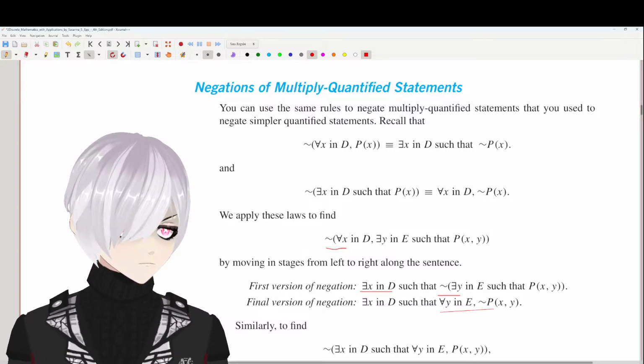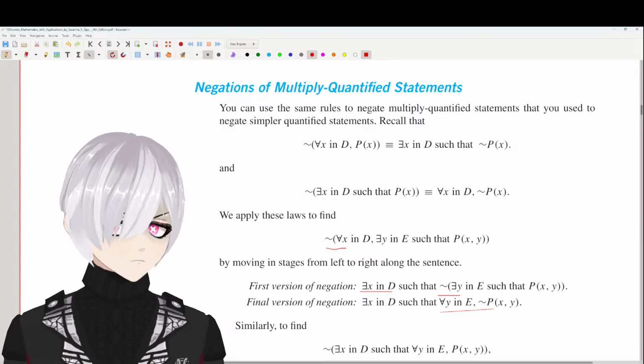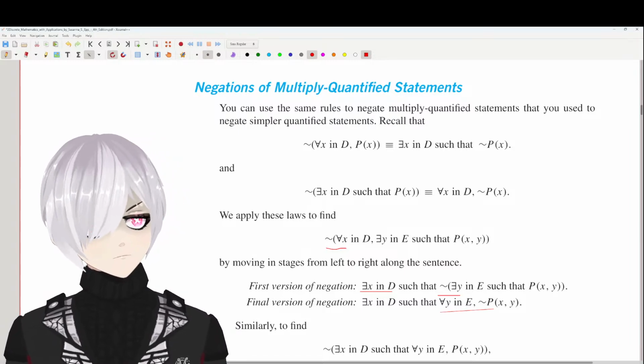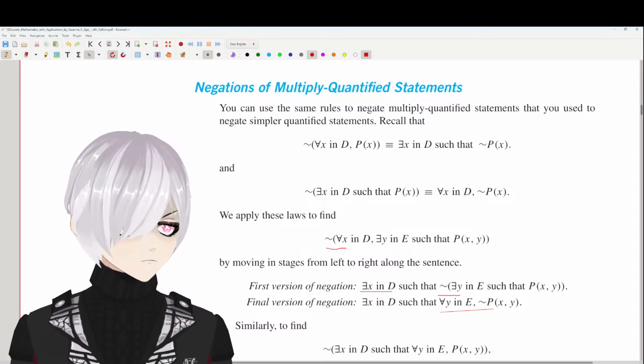Like it is not the case that there's something that has the property is equivalent to everything doesn't have the property. So we have there exists an x and d such that for all y and e, not p of x, y. So we proceeded step by step to find the negation of a statement that has a for all and a there exists.